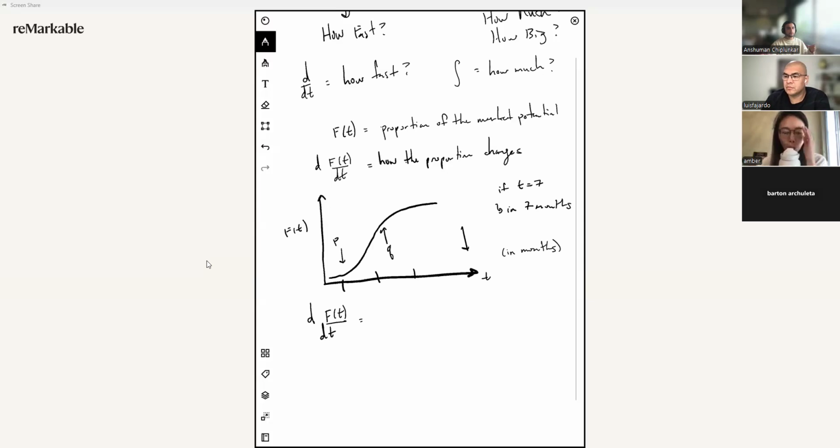And depending on where that t is exactly, this is what's called an inflection point.